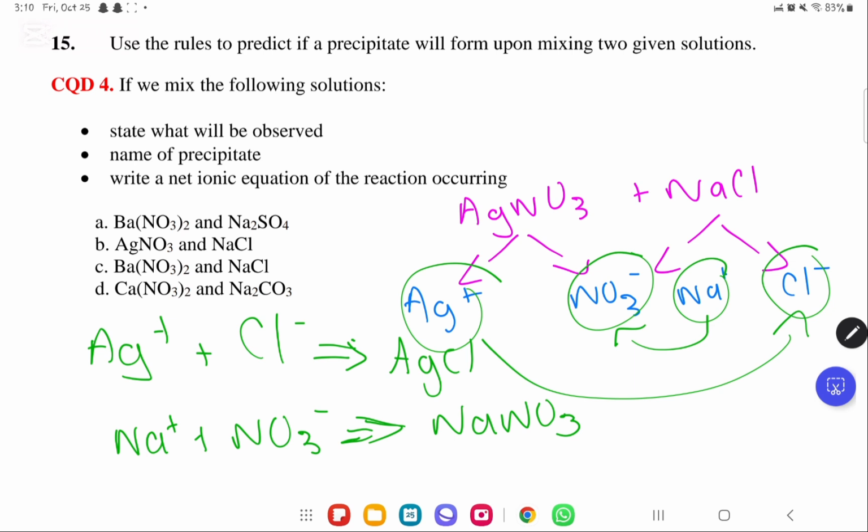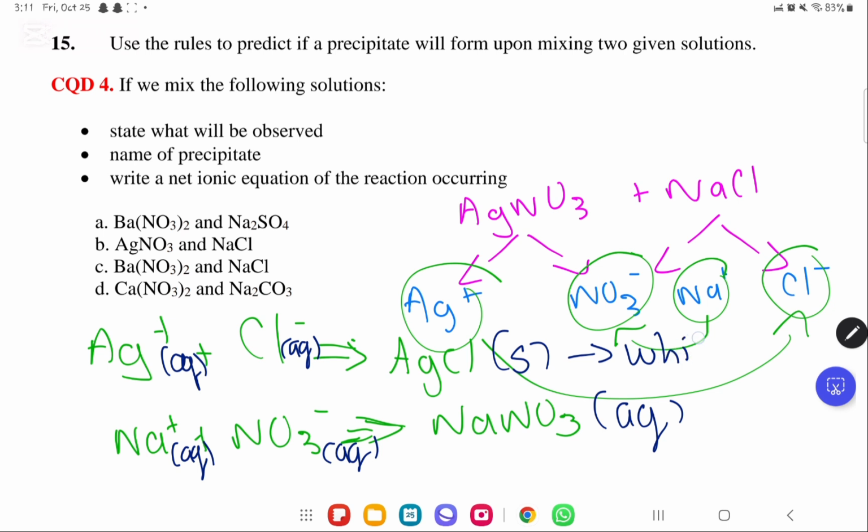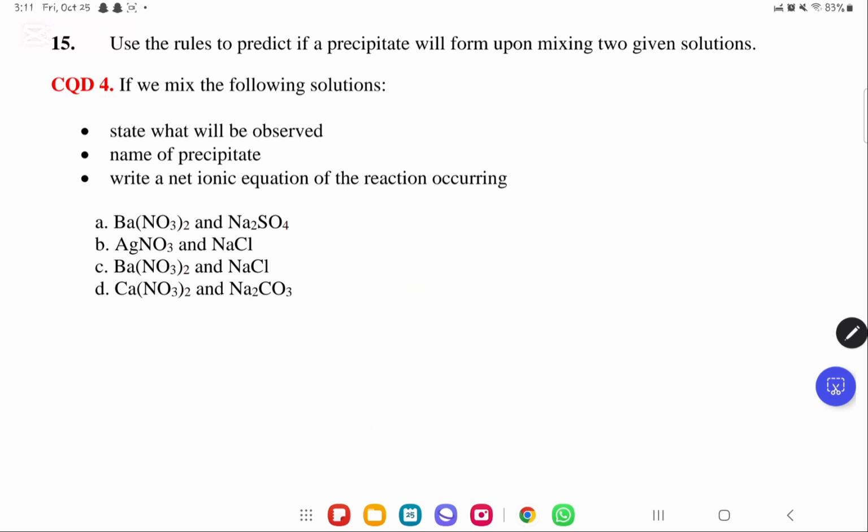So also don't forget that if you're having anions and cations, put aqueous next to them, okay? So definitely anything that will react with NO3 minus is soluble, so it will be aqueous. And then Cl minus, if it reacts with Ag plus, it will form a precipitate. You know this from the table of solubility. So it will form a white precipitate. That's part B. We finished part B.